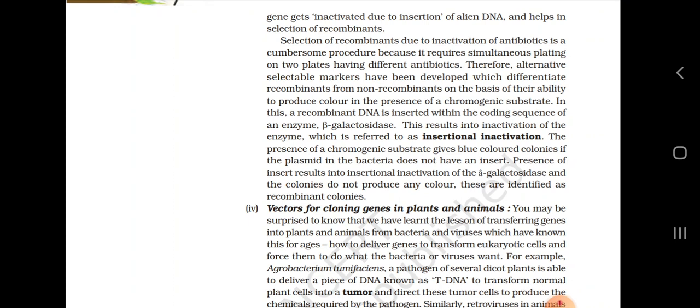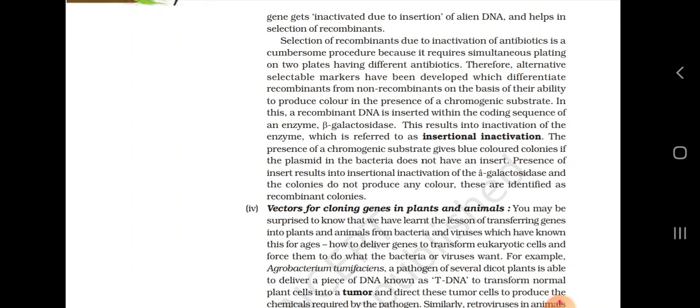In my last video we went through the cloning vectors, their various features and functions. We also went through cloning genes in plants, which was the Ti plasmid found in Agrobacterium tumefaciens. So we will continue with this topic, vectors for cloning genes in plants and animals.